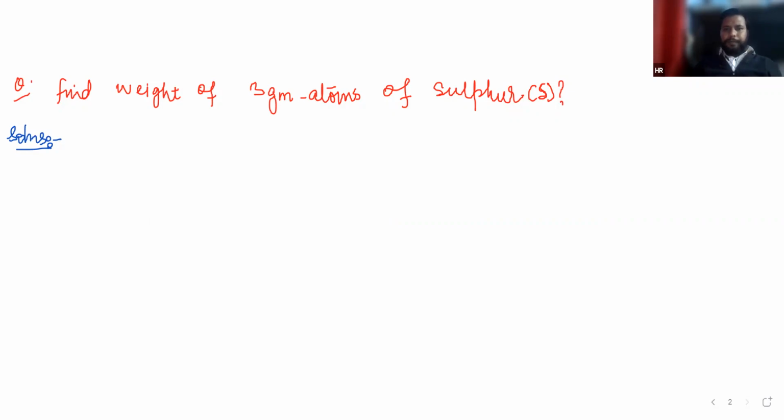96 gram. That's very good, Arslan. Etisham, Habiba, and Krishna. Krishna, do you have any idea about this question? No, sir. Just see, no problem. Just change the sentence of the question: find weight of 3 moles of sulfur.